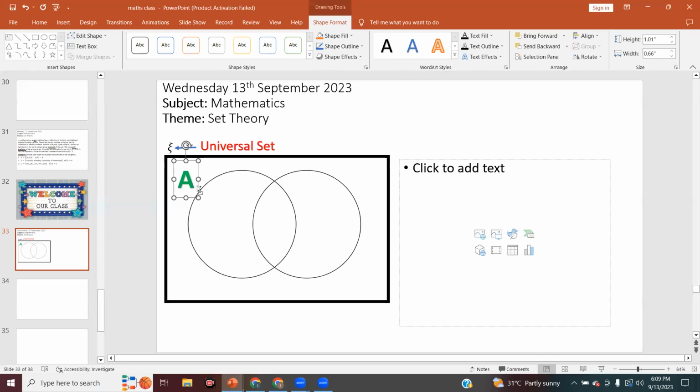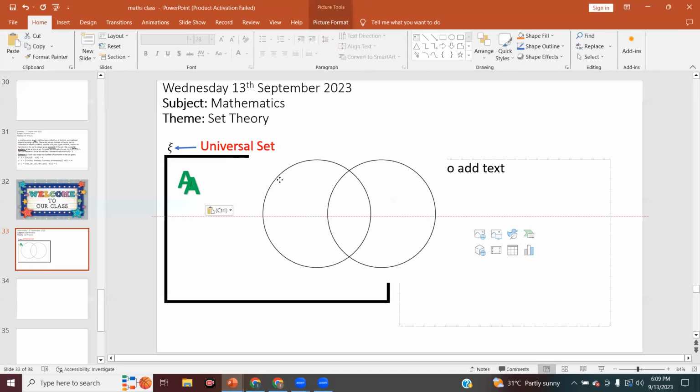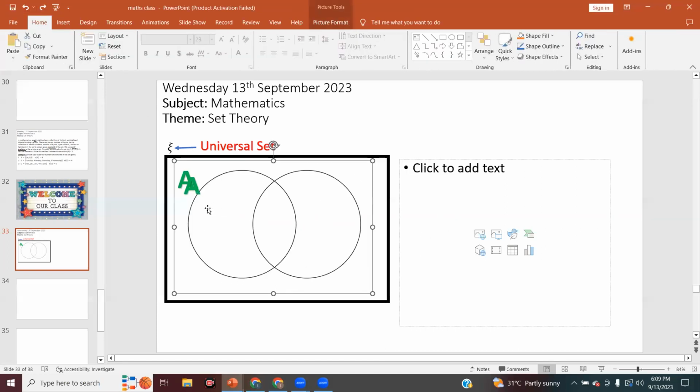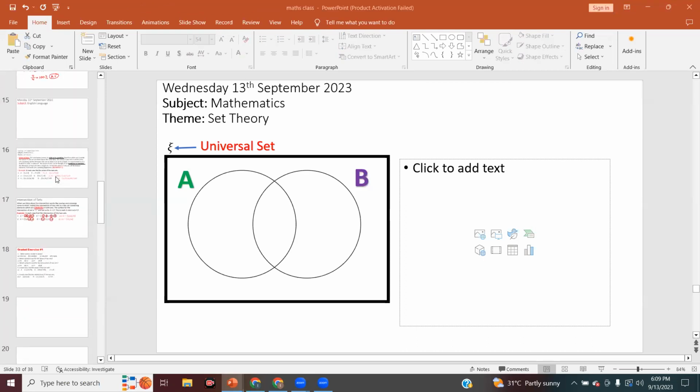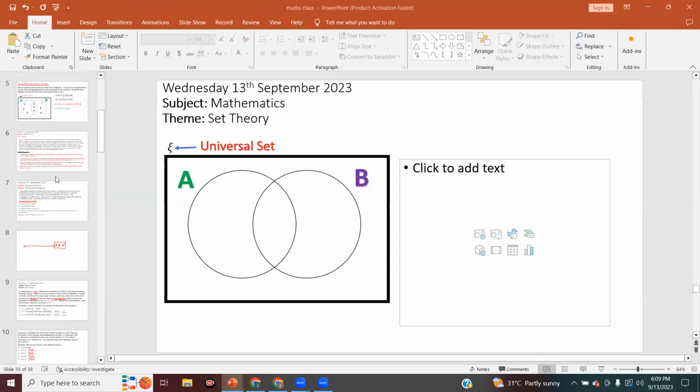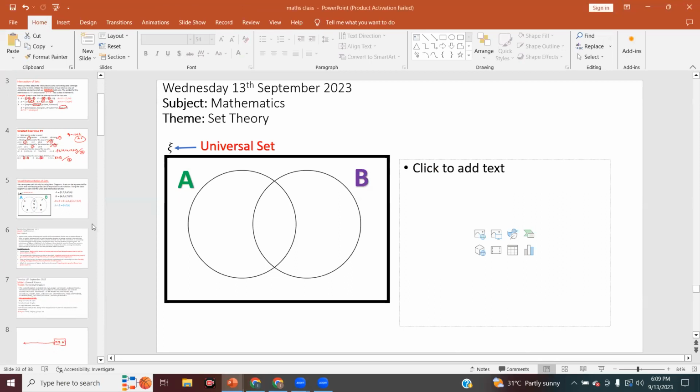And let's say that this set over here is set B. Let's consider the elements inside set A. Let me go on this side and grab some elements.